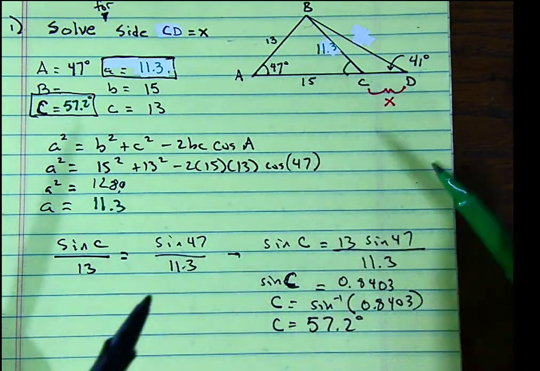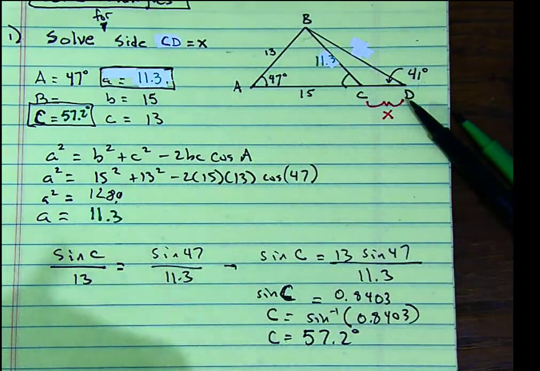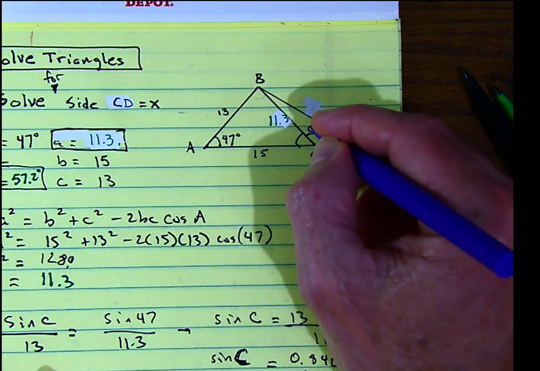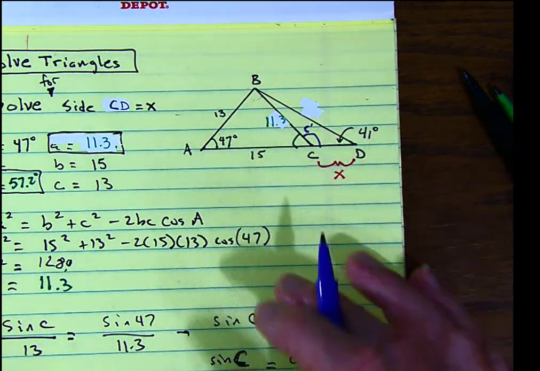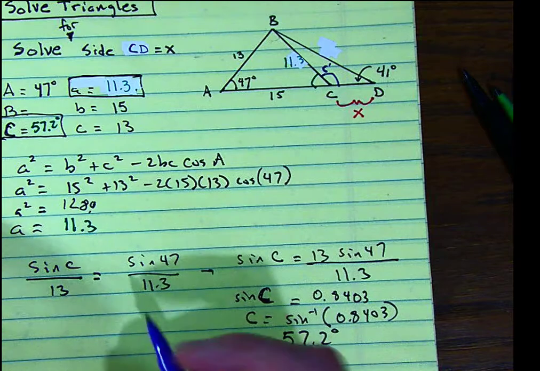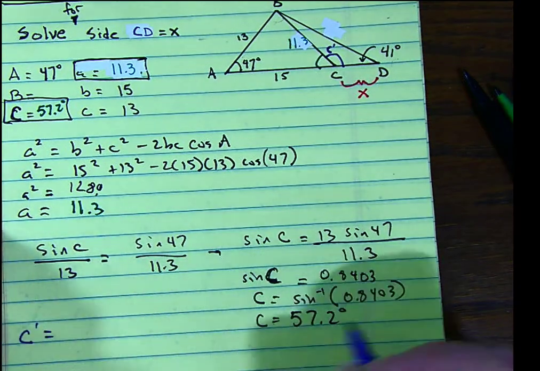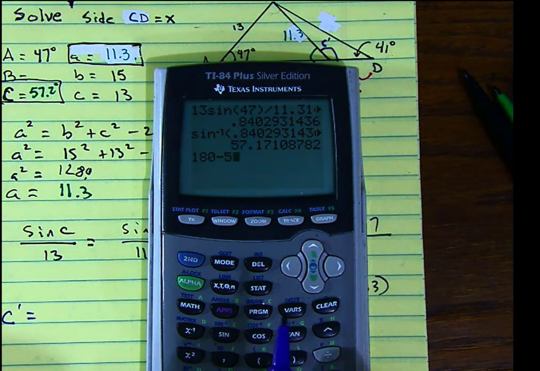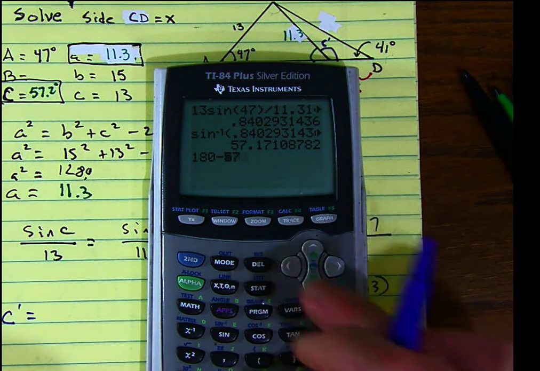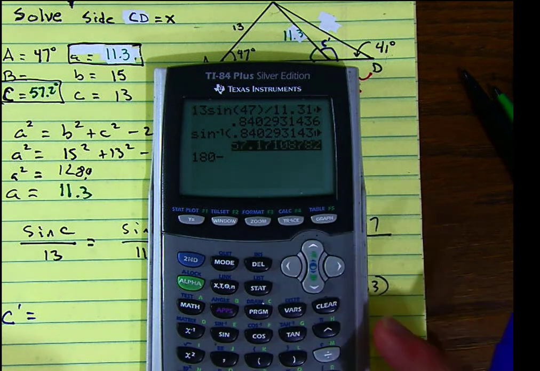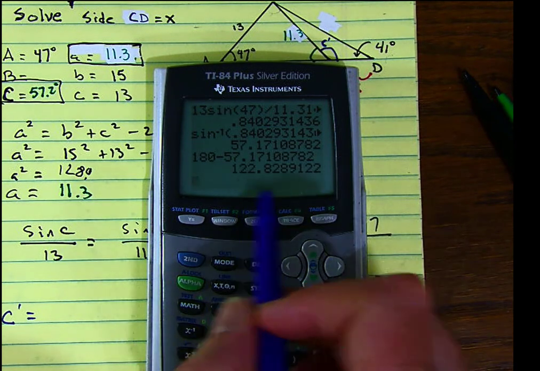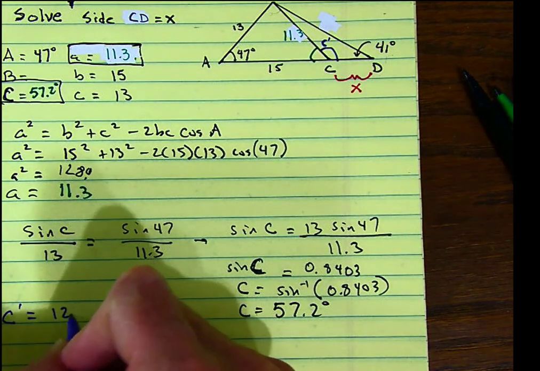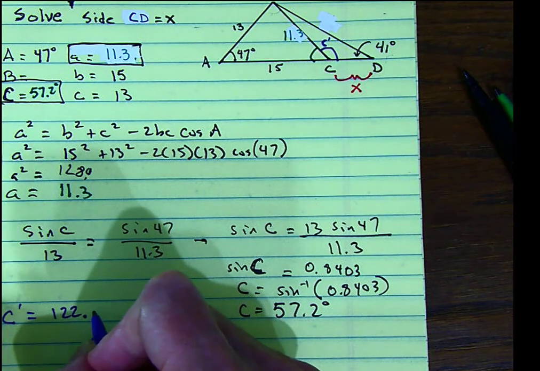And I think I'll change colors for that. I'm going to call this one C prime because it's the supplement of C. So now we know C prime is 180 minus the 57. I'm going to take that whole answer there. It's just a good practice to get the most exact answer and then round off. So I'm going to take 122.8.